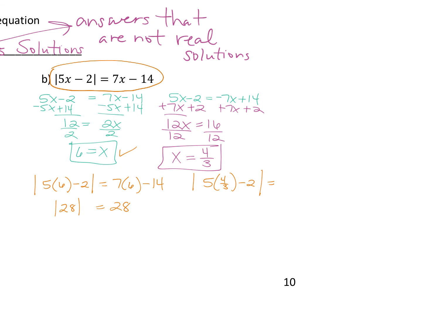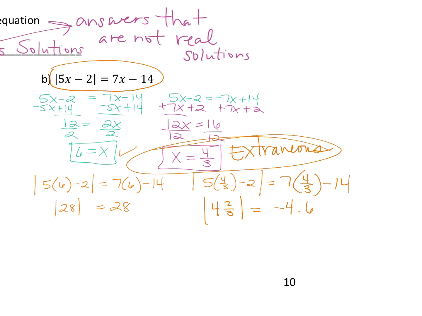Right? Plug it into the original. So 5 times 4/3 minus 2 is 4 2/3, 4.6 repeating. 7 times 4/3 minus 14 is, oh, it did work. A negative 4 2/3 repeating. Positive or absolute value can't be negative, so this one is extraneous. Okay? Questions?